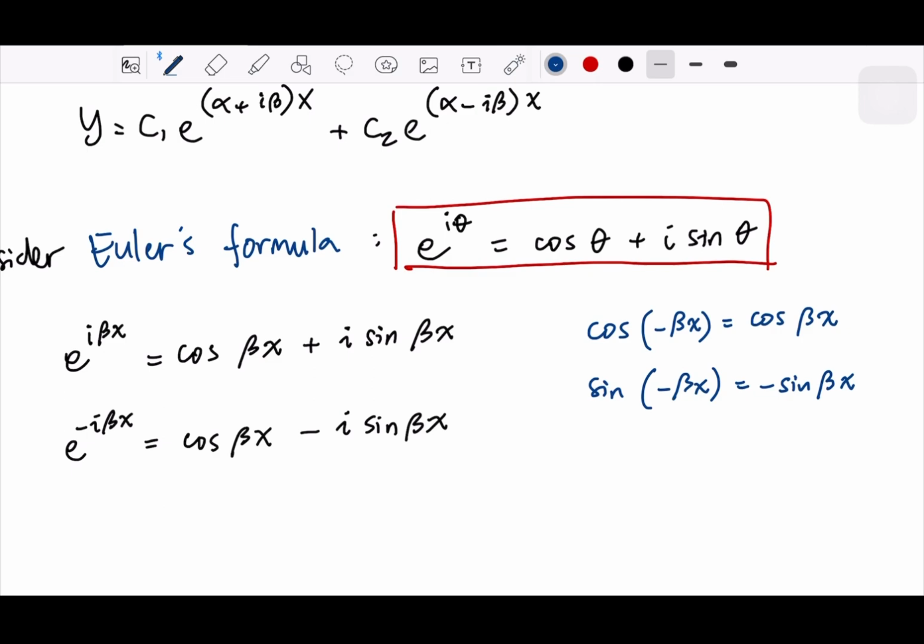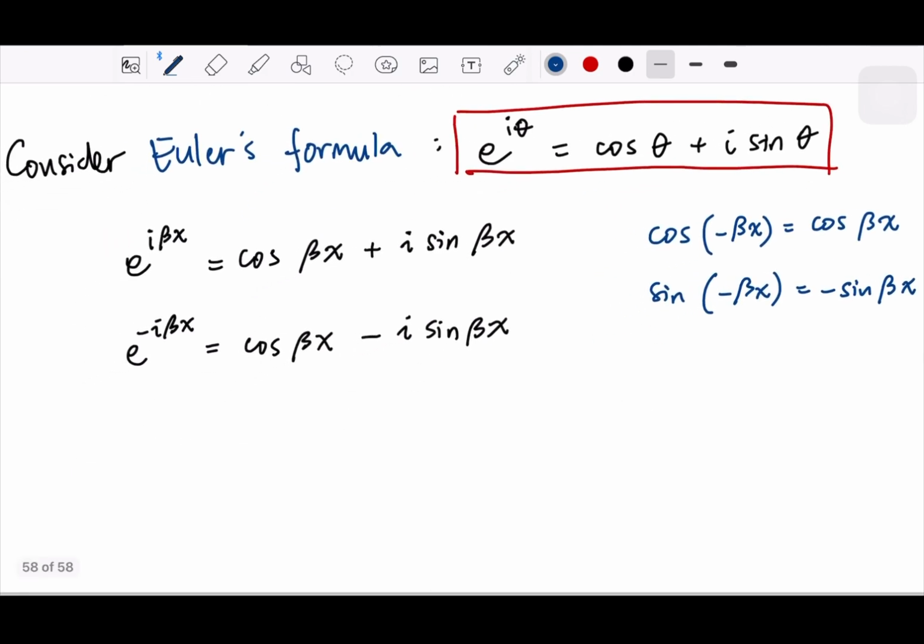Okay, if we add these two, this will cancel, right? So we could write down e to the i beta x plus e to the negative i beta x, this will be 2 cosine beta x.